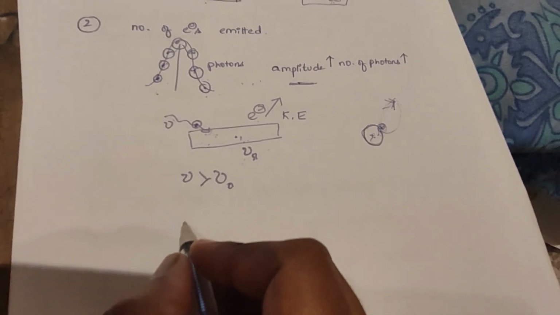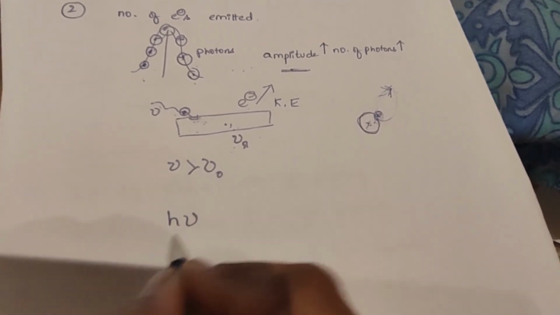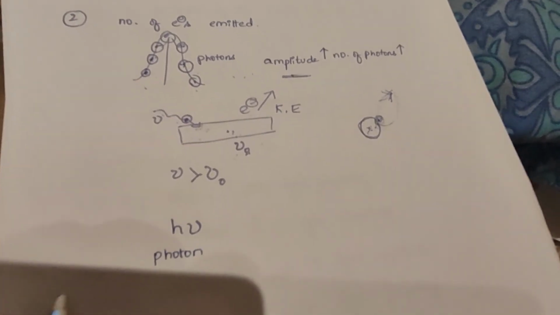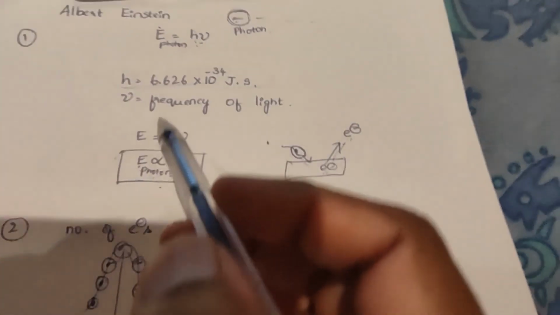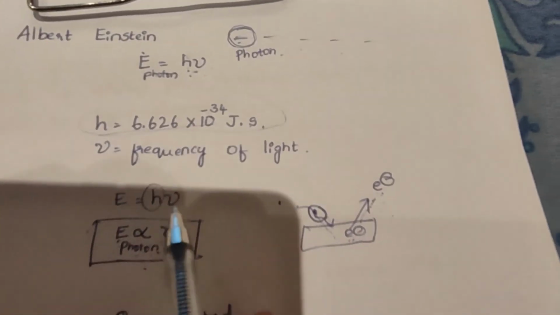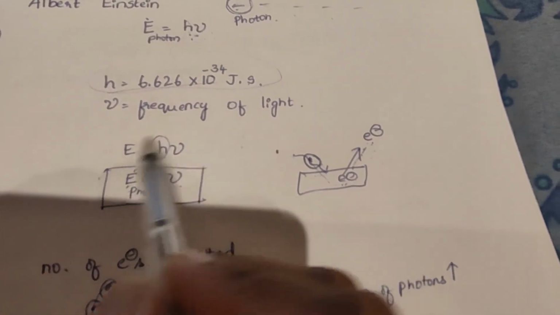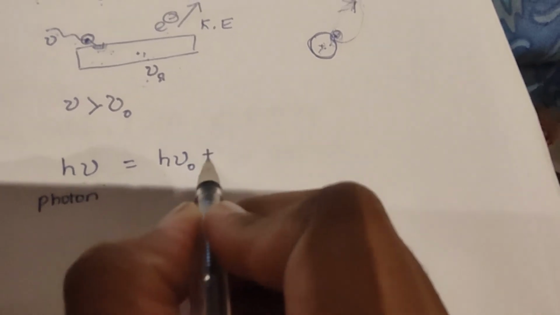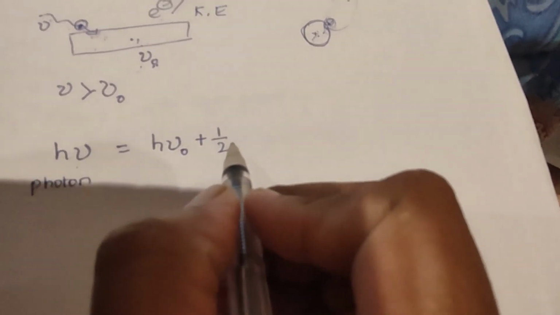Therefore, the energy of the photon is equal to h nu. So h nu is equal to h nu naught plus kinetic energy, half m v square.